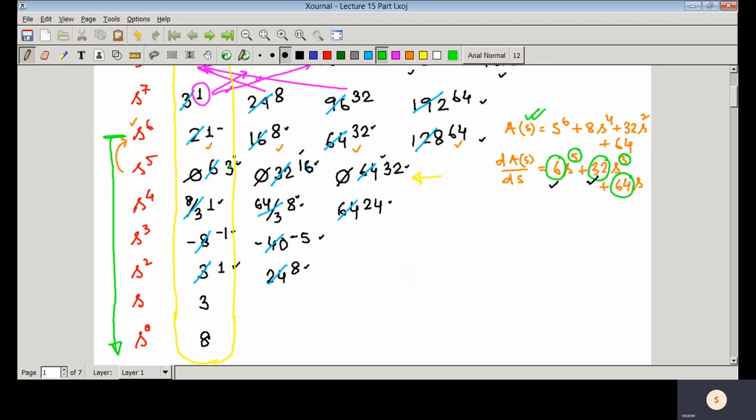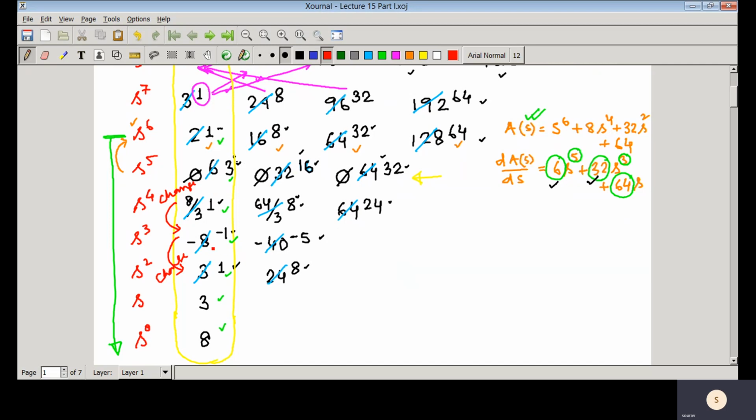So then just look at the first column, what happens here. The first one is 1, then 1, 3, 1, but here there is 1, minus 1, 1, 3, 8. So we can see there is a sign change, plus 1 to minus 1, and again minus 1 to plus 1. So two sign changes are there.